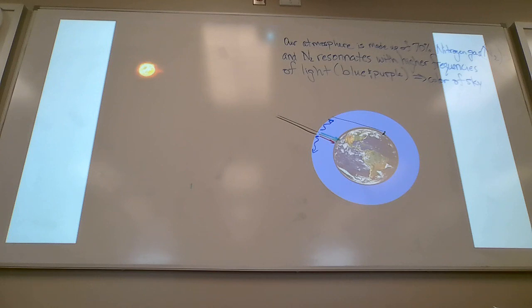Now, our atmosphere is made up of 70% nitrogen. There's other molecules like oxygen and CO2 and carbon monoxide. There's just a lot of different things. There's also dust particles and just other pollutant type stuff. So you have different sized molecules.